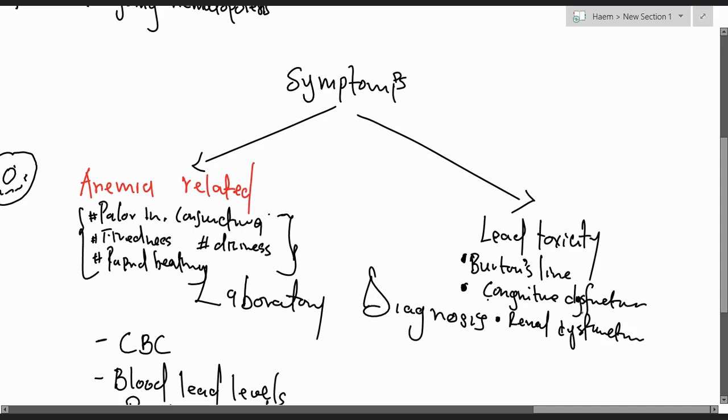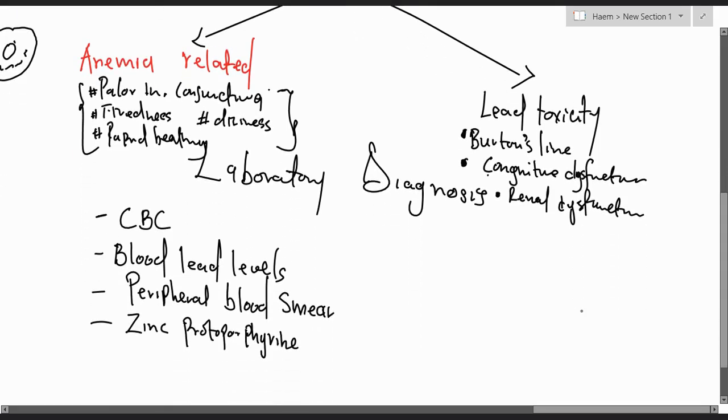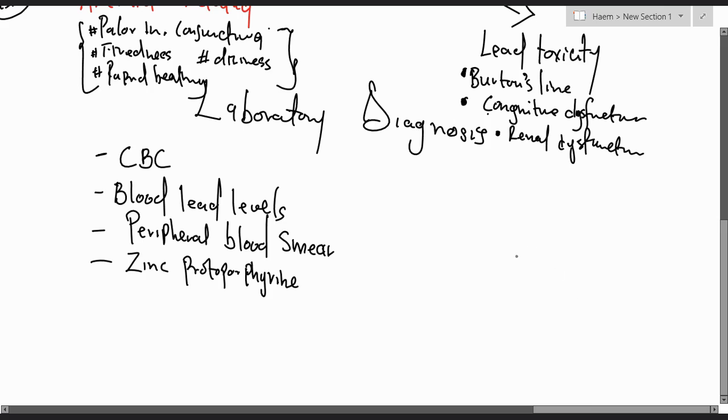Alright. So here are some laboratory diagnoses that we can use to tell if someone really has anemia of lead poisoning. So we have CBC. In the CBC, we are looking for hypochromicity and how microcytic the cells are.